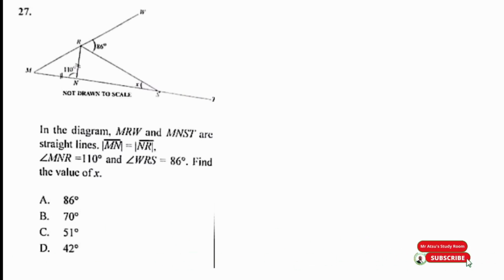Even before we go into answering the question, we need to analyze the question itself first. They tell us that MRW and MNST are straight lines.